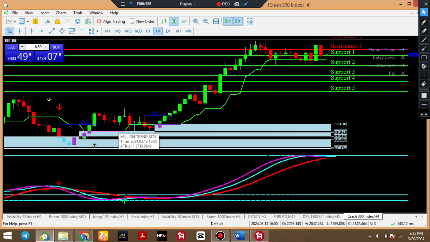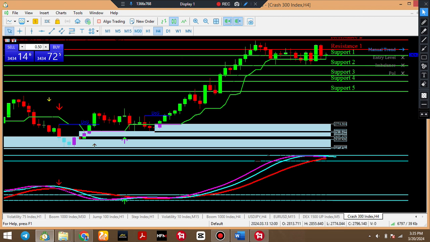How this strategy works. First of all, I'm going to analyze this Crash 300, how you would have entered this trade and made massive profit. That is from the 4-hour time frame. You can also use any other time frame. So just keep calm.